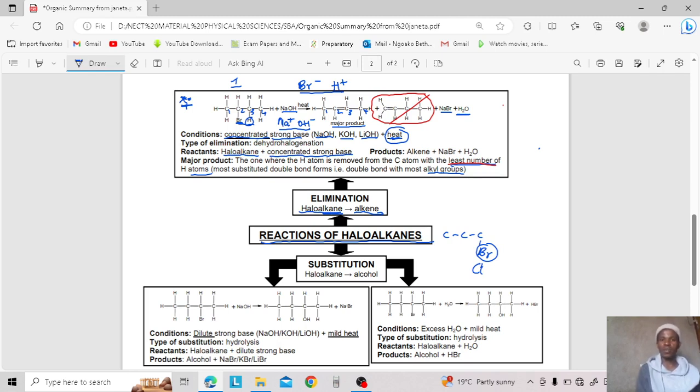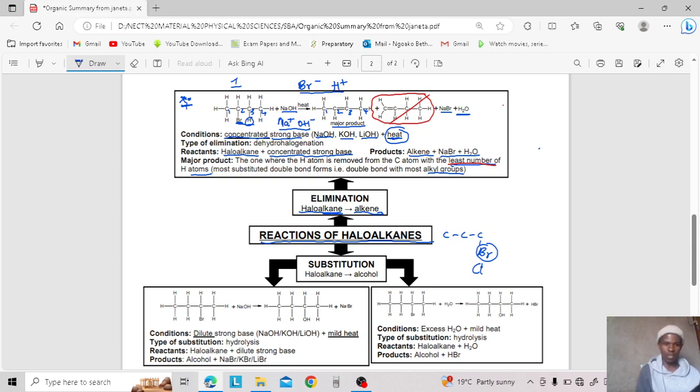Then the products will be an alkene, a double bond between carbon atoms, and this will be two: inorganic and organic. Inorganic is the one without the carbon bonded to hydrogen. So the inorganic ones are sodium bromide and the water, and the organic will be the alkene. Right, we're done with the elimination of haloalkanes.